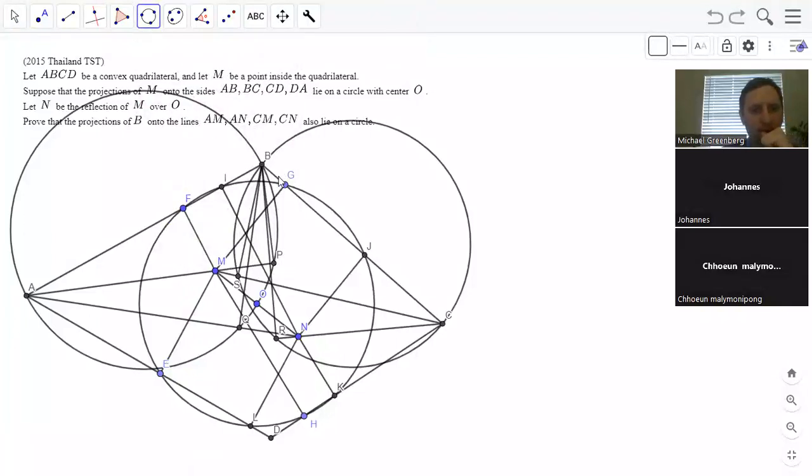And yeah, we have a lot of cyclic quads, so like those are cyclic. We know that. You know that this is cyclic. Wait, why don't we have more points?